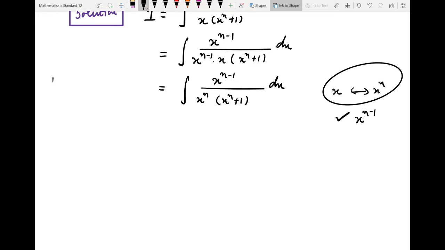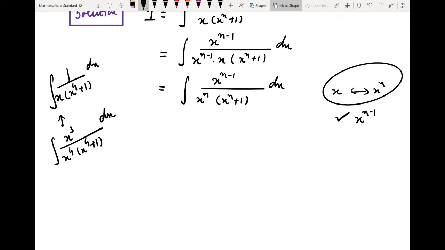For example, suppose 1 upon x raised to 4 plus 1 dx. In such a case, you have to multiply numerator and denominator by x cube, and then you have to use substitution, put x raised to 4 equal to t.